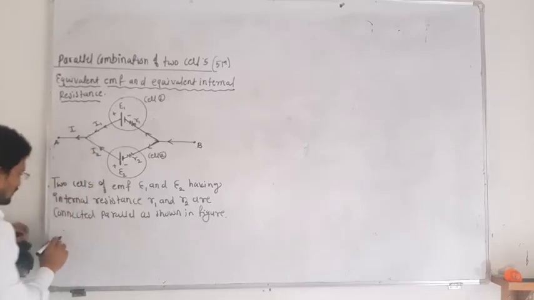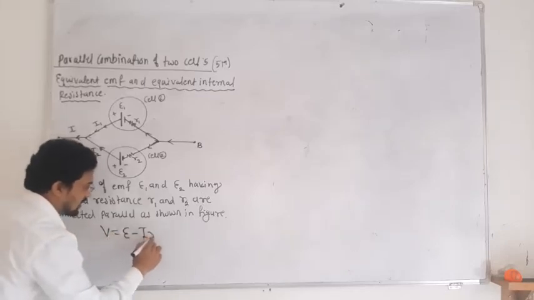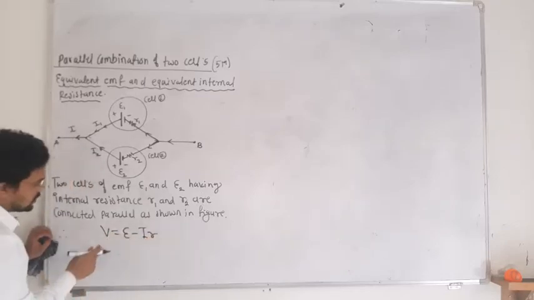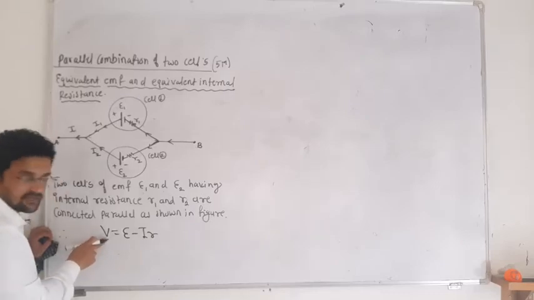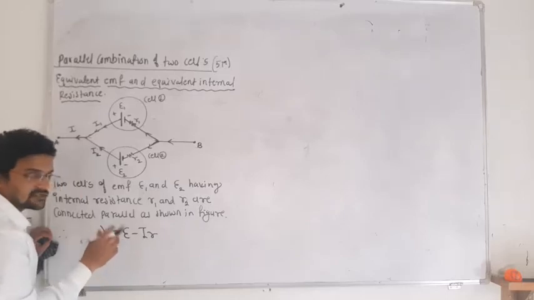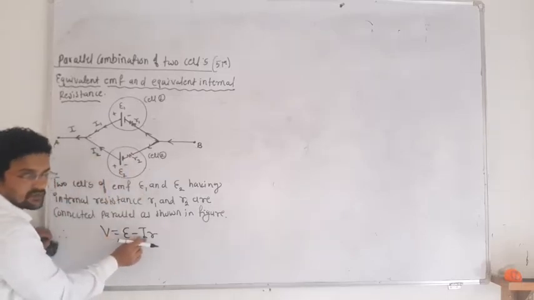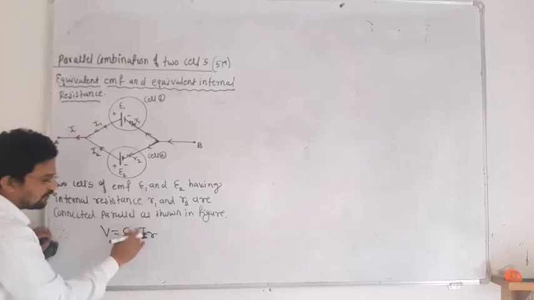Now we can write the equation. We know that V is equal to E minus IR. In the previous lecture, in the series combination, V was different, so we took it as it is. Now V is the same but I is different, so we first have to take out I from this equation.